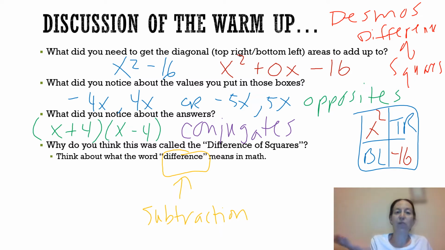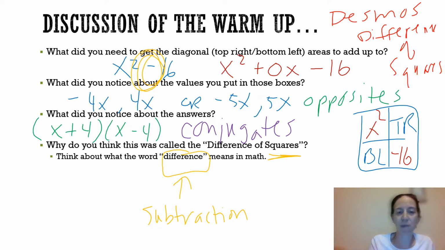I hope most of you would say, we would subtract. So when we call this the difference of squares, that's the subtraction. You'll notice that all of them had a subtraction. And the squares part comes from the fact that the expressions involved are all what are called perfect squares.